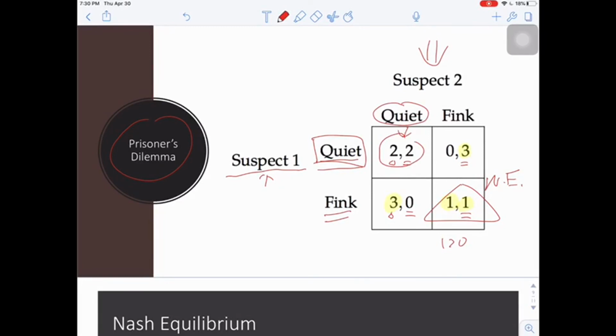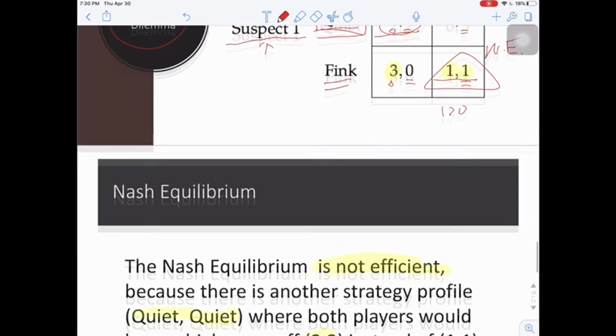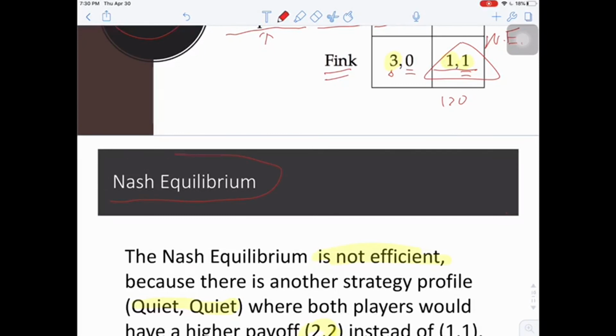But the Nash equilibrium in our case is 1-1 instead of 2-2. So we have to realize that Nash equilibrium is not always efficient. This principle is very fundamental and very important for you to deal with harder, more difficult questions later on.